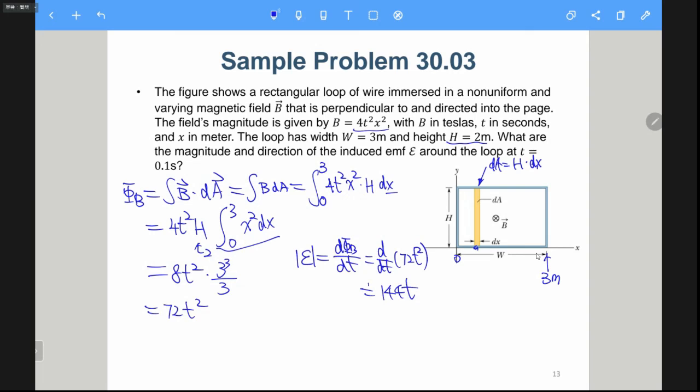If we evaluate this induced EMF at t equals 0.1 second, we have E equals 144 times 0.1, which is 14.4 volts.